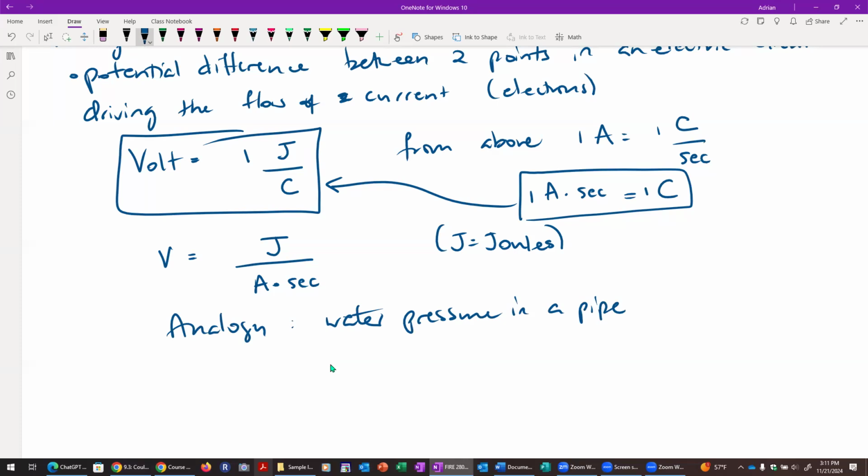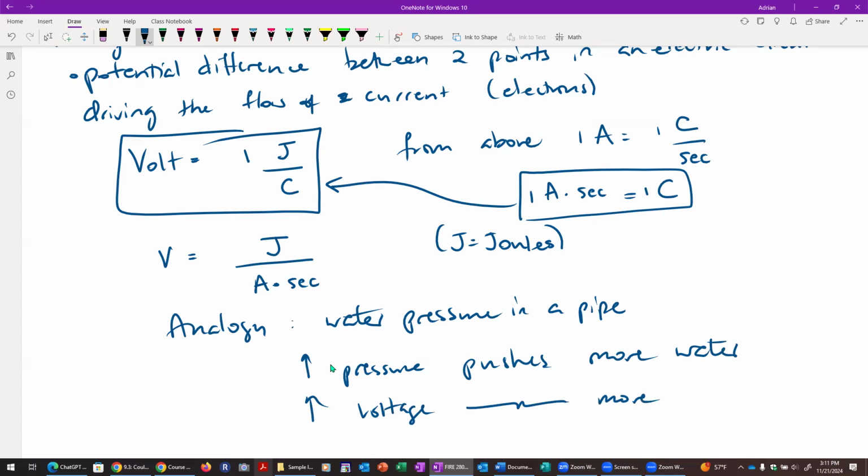So higher pressure pushes more water through the pipe. Similarly, a higher voltage will push more electrons through the wire or the conductor or whatever it is. So if the pressure drops, then less water will flow. If the voltage drops, less current would flow as well.